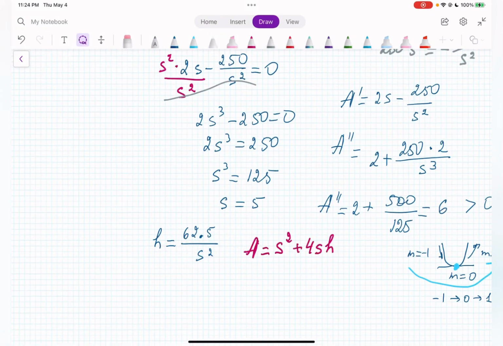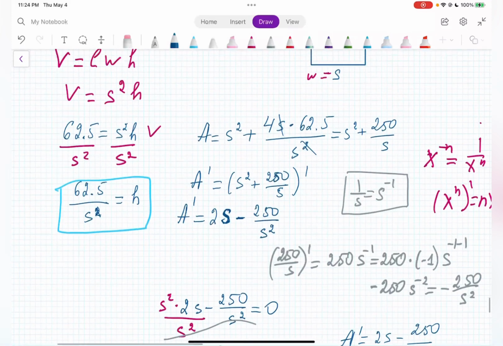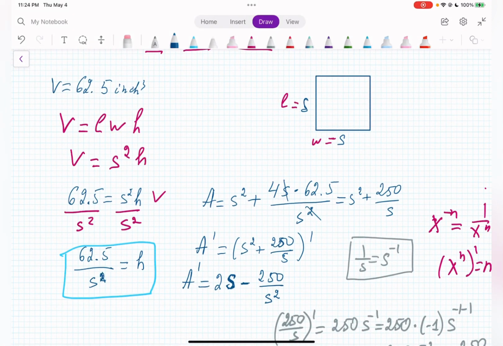So h is equal to 62.5 divided by s squared, which is 5 squared. Is it 62.5 in my case? Yes. One second, let me check here.